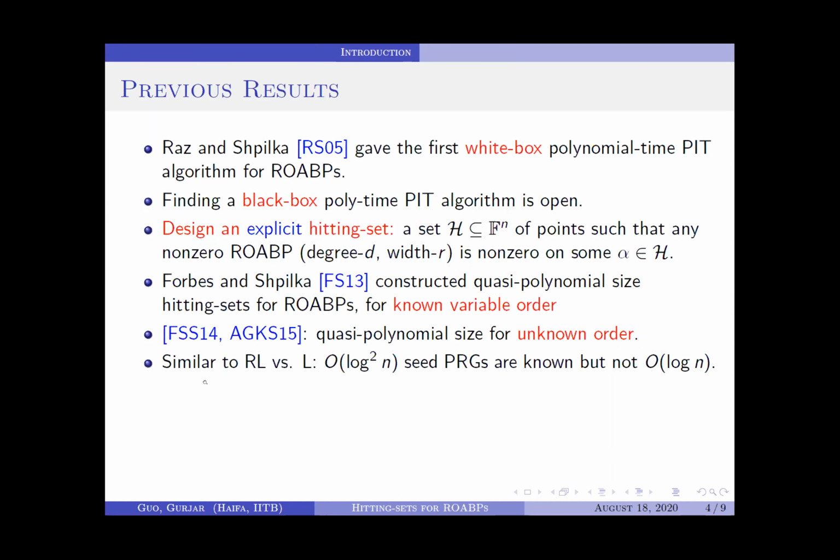So the status of this problem is similar to what we know in the Boolean world, because we know explicit PRGs that have log squared n seed length for branching programs, like Nisan's generator, but we do not know an explicit PRG with logarithmic seed length.